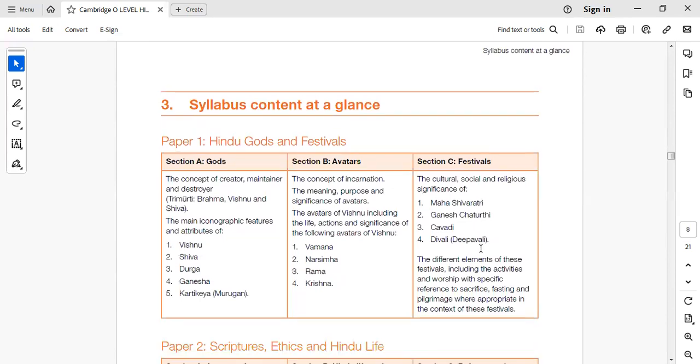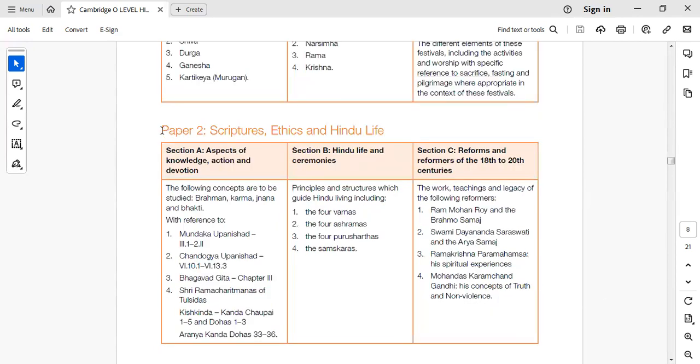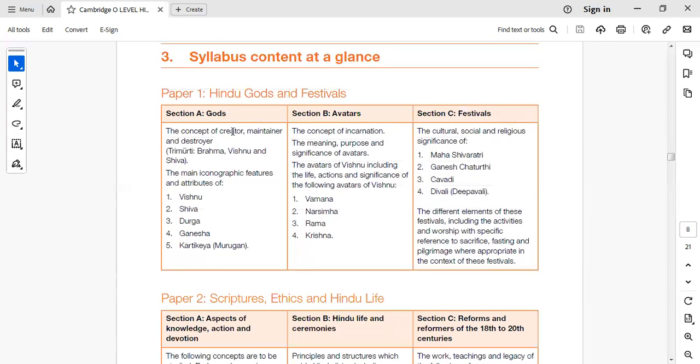Now, your syllabus for ST Hinduism has two papers, paper 1 and paper 2. The duration of each paper is 1 hour 30 minutes.